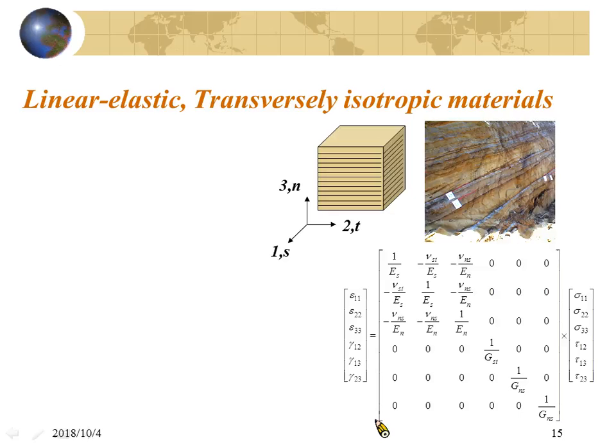But you have only 5 independent elastic constants for a transversely isotropic material. Why? Because on the symmetrical plane, the shear modulus, Young's modulus, and the Poisson ratio have a certain relation, like I showed you.